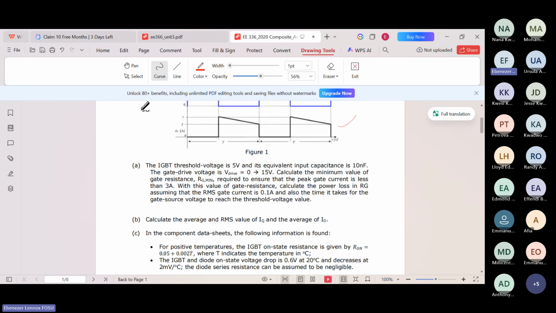With this value of gate resistance, calculate the power loss in the gate resistance, assuming that the RMS gate current is 0.1 amps, and also the time it takes for the gate source voltage to reach the threshold value. So this is the first question we will solve.